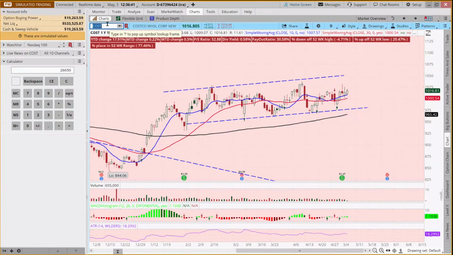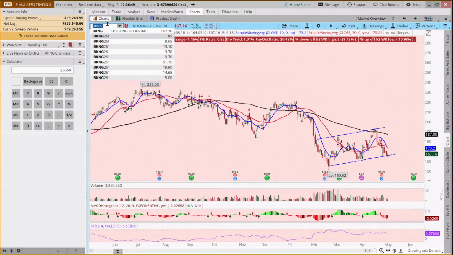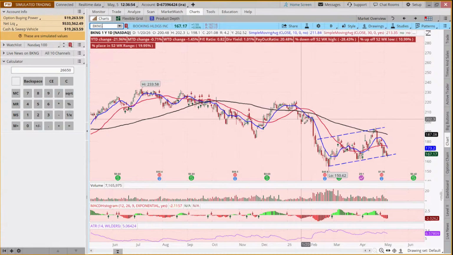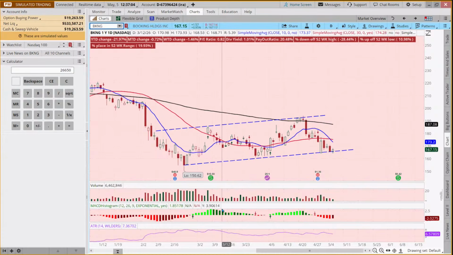How about Booking? BKNG. So Booking was kind of battered a bit, wasn't it? Like this took quite a fall when the rest of the market was falling, but it hasn't had this deep V pattern recovery that we've seen on the general indexes.